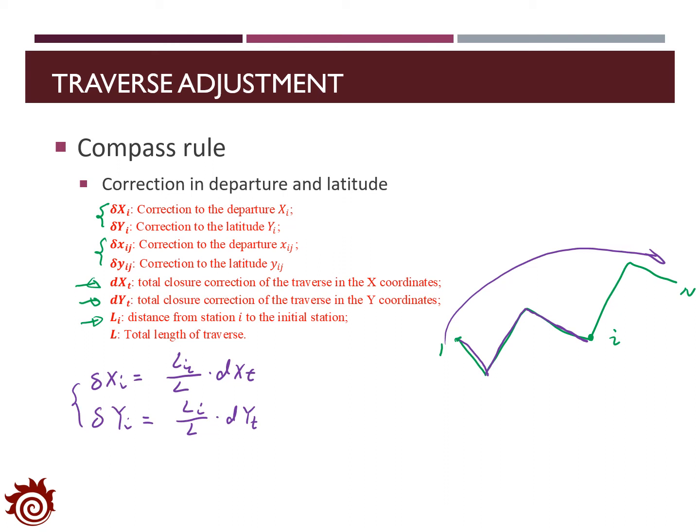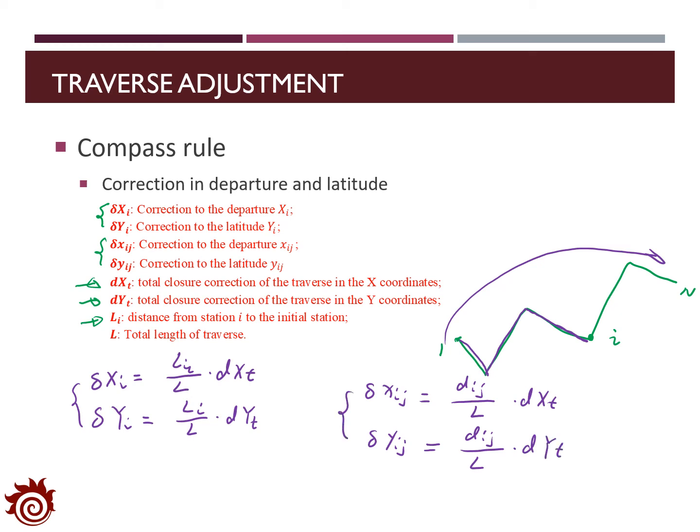For the correction applied for the departure xij and the latitude yij, we will have delta xij equal to dij over L times dxt. Delta yij equal to dij over L times dyt.